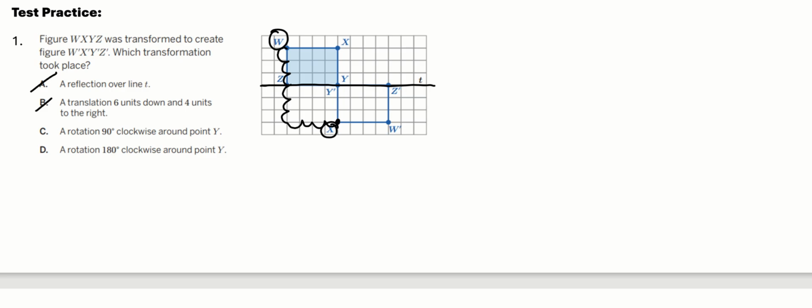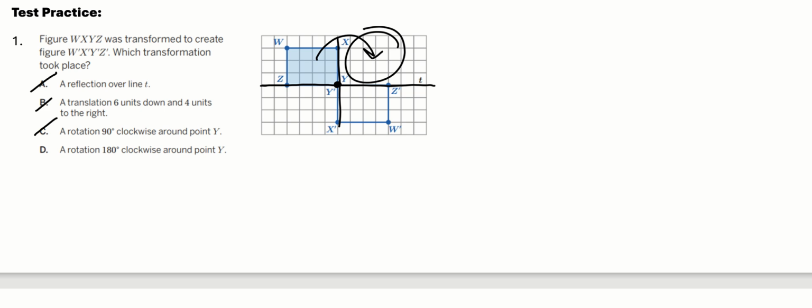So that's why it is not B. A rotation of 90 degrees clockwise around Y would mean, here's Y, right? So this is kind of our origin. If I go clockwise like a clock, it means it's going to end up in this corner, and it clearly does not end up in that corner. So that is another reason why it is not C.